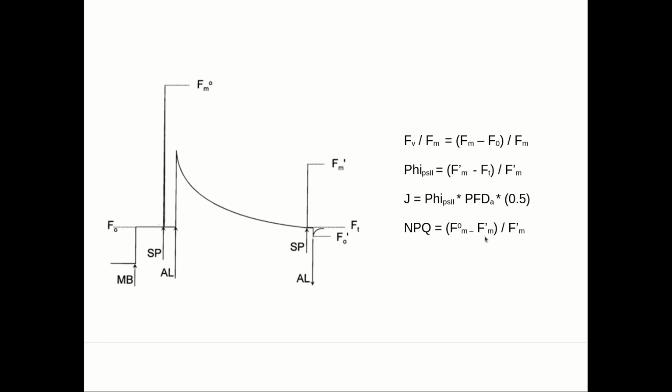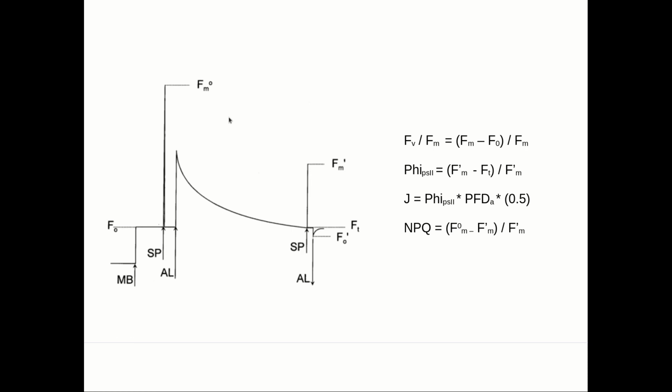And we subtract from that the maximal fluorescence after we've had the leaf in light, so the FM prime maximal fluorescence, and then we just divide that again by this FM prime. And that will give us a sense of the proportion of light that's going towards non-photochemical quenching.